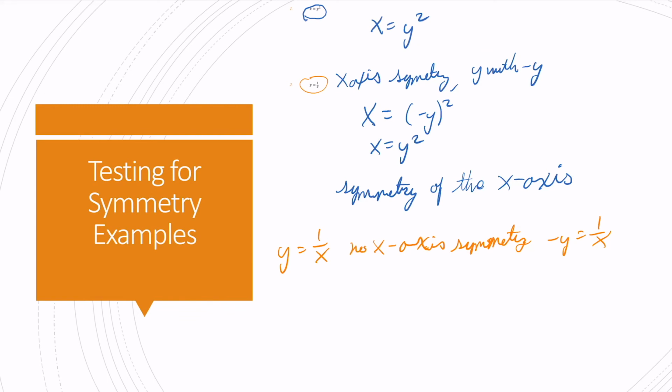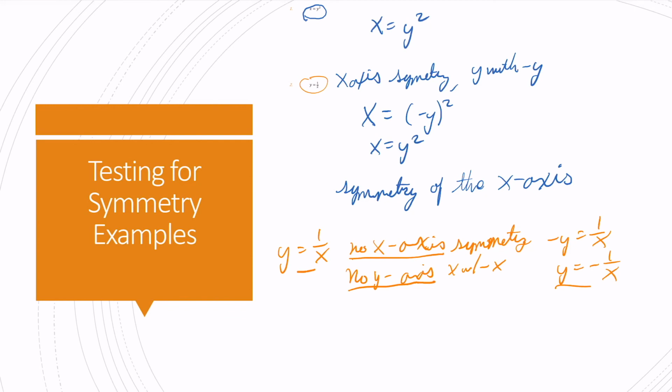Let's check for y-axis symmetry. That's when I replace x with negative x. That would give me y equals negative 1 over x. These two are not equivalent, so there's no y-axis symmetry. Last but not least, let's test for symmetry about the origin.